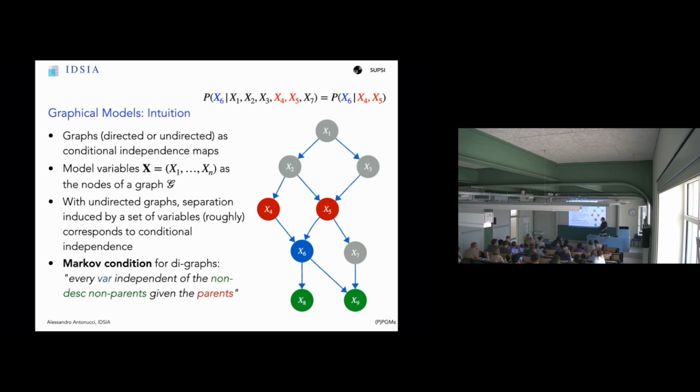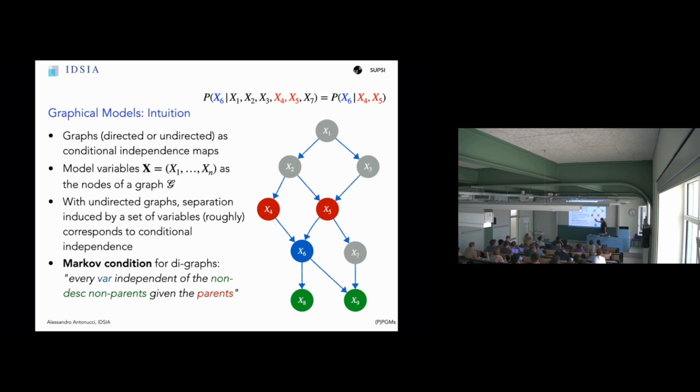We have this idea of a variable. The parents are the immediate predecessors of the variable. The ancestors are the parents of the parents of the parents, and so on. These are the children. And the descendants are the children of the children of the children, and so on, recursively.